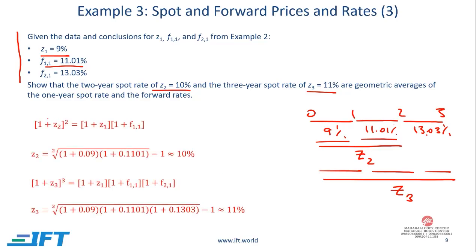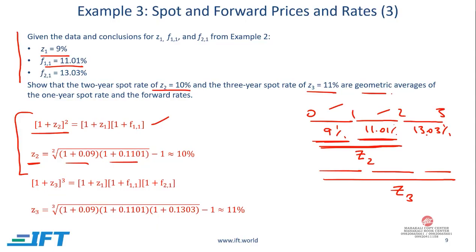So here's the solution. This is Z2, and what is shown here is that (1 plus Z2) squared is equal to (1 plus Z1) multiplied by (1 plus this rate, which is F11). And based on this, we calculate Z2 as the geometric mean of these two numbers.